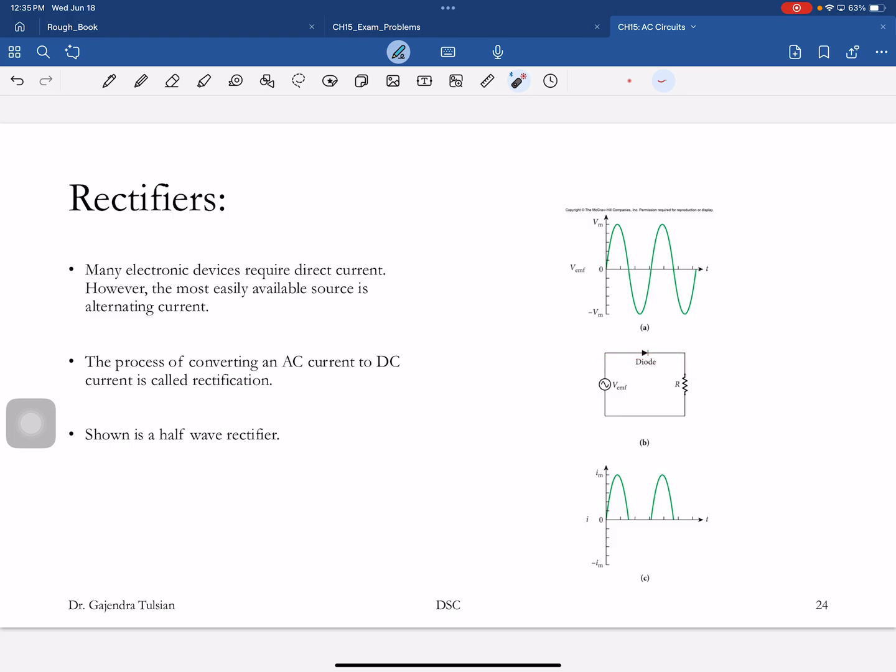When the current tries to pass this way, the diode stops it, so you're not seeing that voltage. So you've solved half the problem, but you've also thrown away half your money. You don't want that.